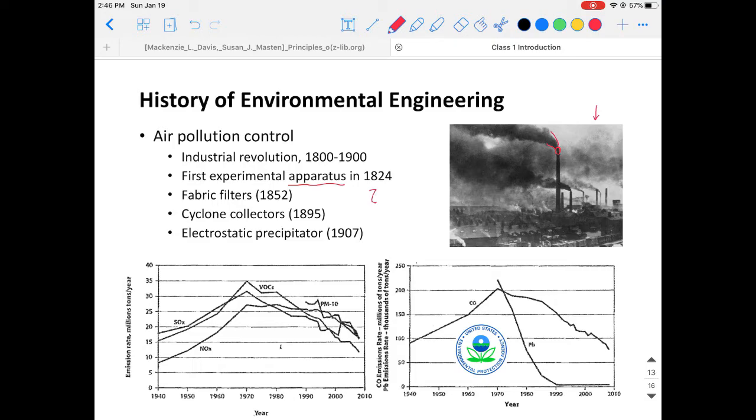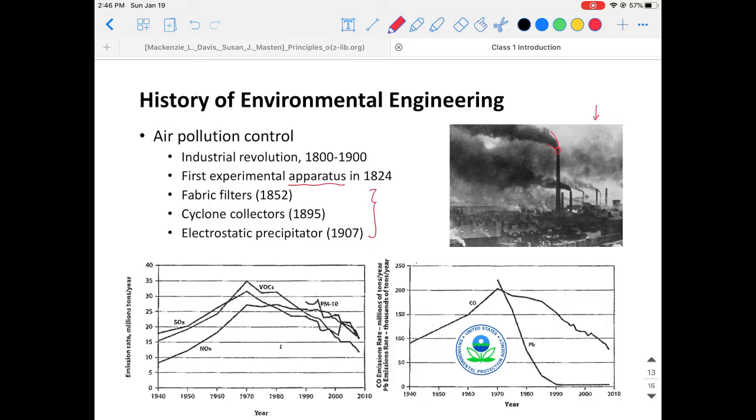And it is amazing that people are still using these techniques in modern, advanced coal-fired power plants. So basically, the fundamental principles, the fundamental science, are still the same.